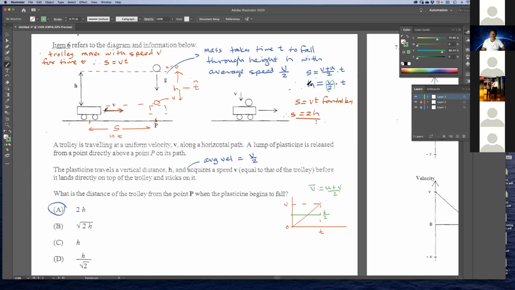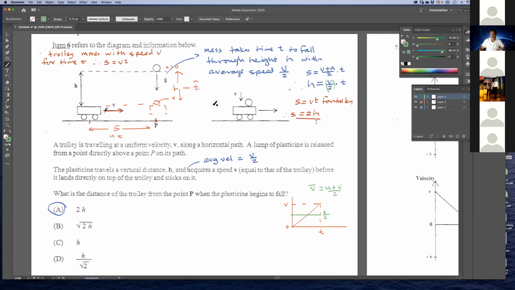So this equation is for the plasticine: h is equal to v over 2 times t. And we already have another equation that s is equal to vt. So by substituting for vt, we can see that s would be equal to 2h.